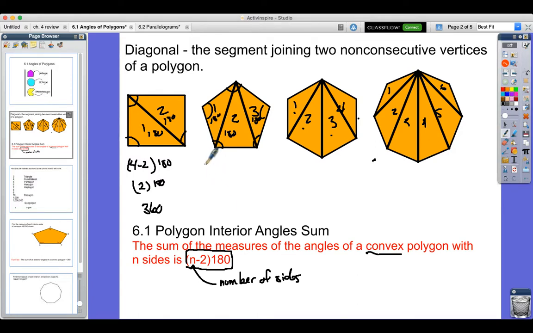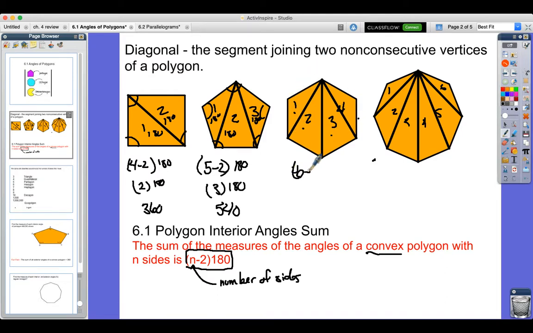So here we'll have 5 minus 2 times 180, which gives us 3 times 180. Like we said, there's 3 180s. 3 times 180 is 540. Okay. So then the next one, number of sides will be 1, 2, 3, 4, 5, 6. 6 sides.